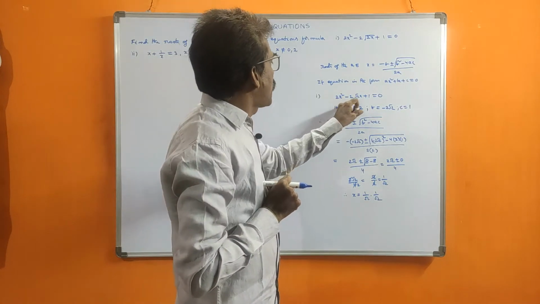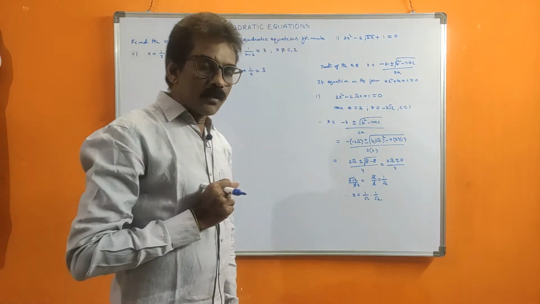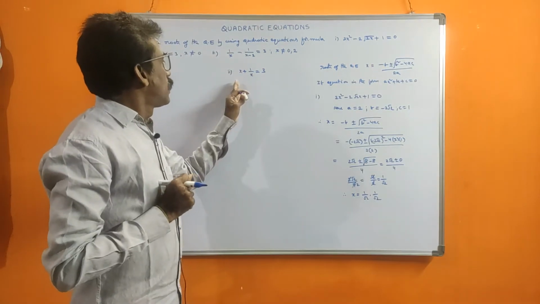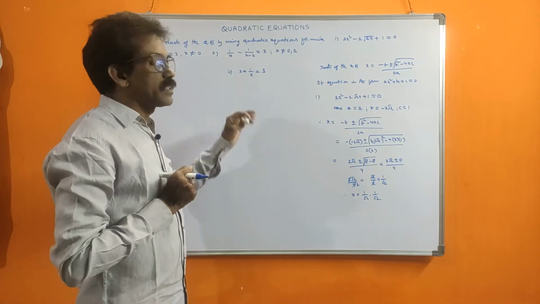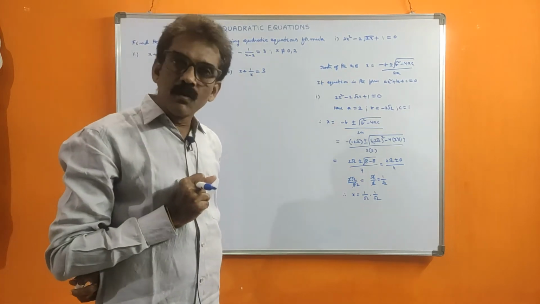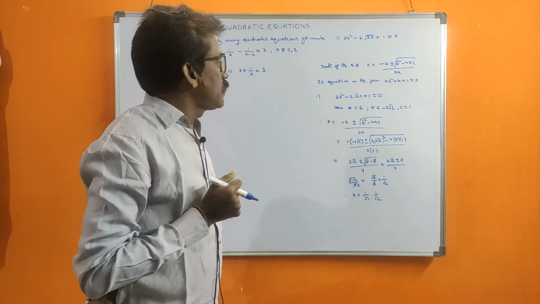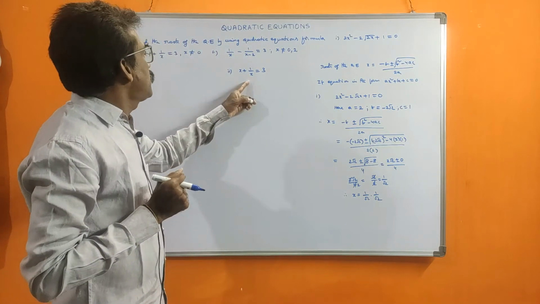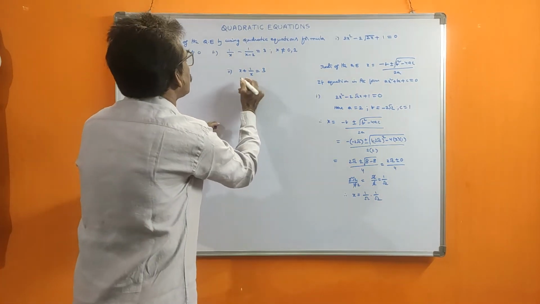Now, see here. If the equation is directly in the standard form of a quadratic equation, then only can we write a, b, c like this. Suppose it is not given in the standard form, first we should convert the given equation into standard form, then only will we get a, b, c, and then we can directly substitute. This is not in the standard form of a quadratic equation, so you should convert it. How to convert? By LCM.